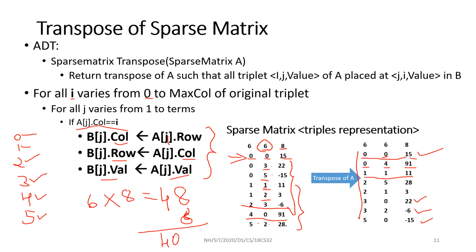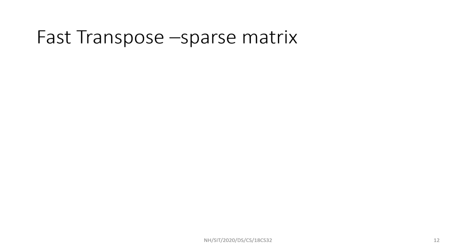So this is not the best algorithm to use for transposing sparse matrix because we found too much wastage of iterations or computation time. Then another method is there that is, name itself tells, fast transpose compared to ordinary transpose. This will reduce the time.